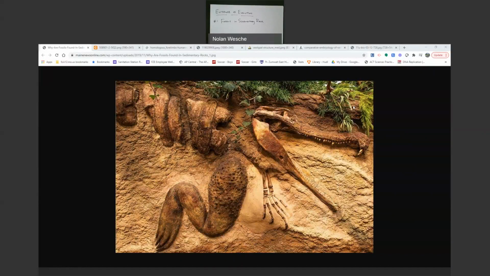Now, you don't find fossils in igneous or metamorphic rock because those undergo different processes with heat and pressure where it's not going to preserve bone structure or other types of structure. So this would be what we're looking for when we talk about a fossil. We're going to be looking at sedimentary rock.